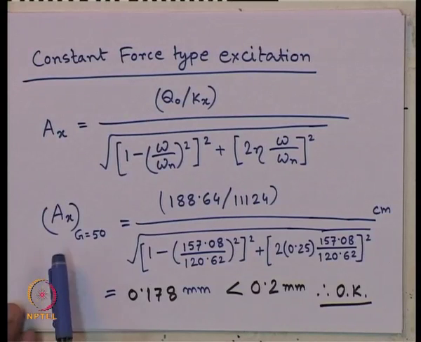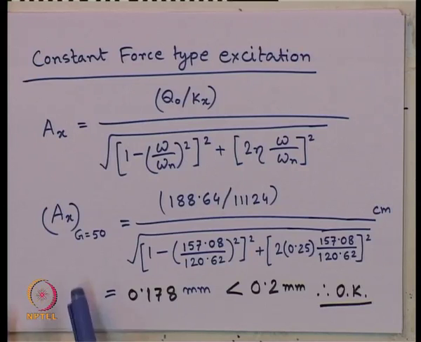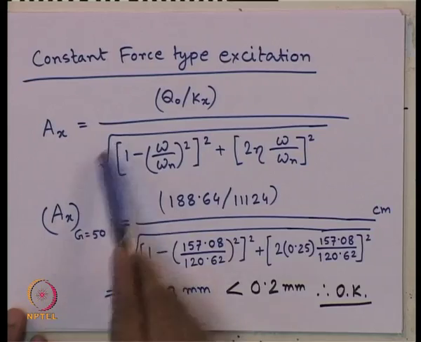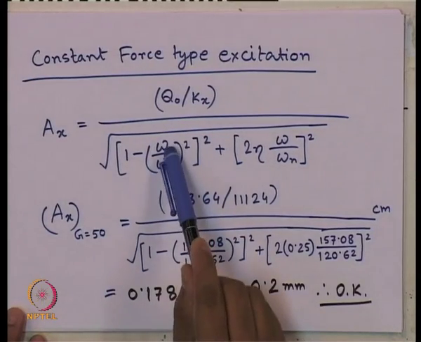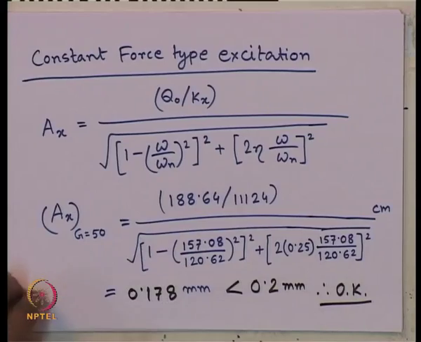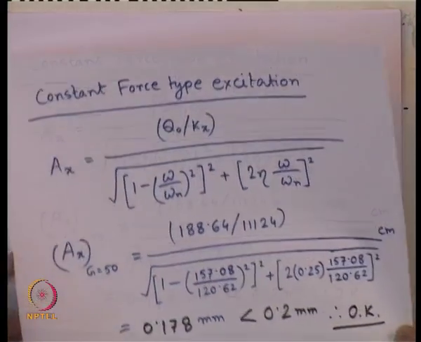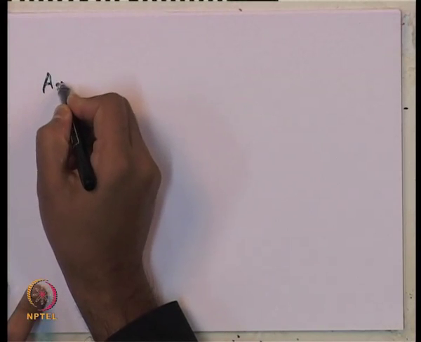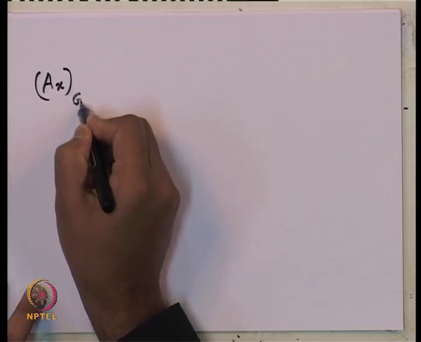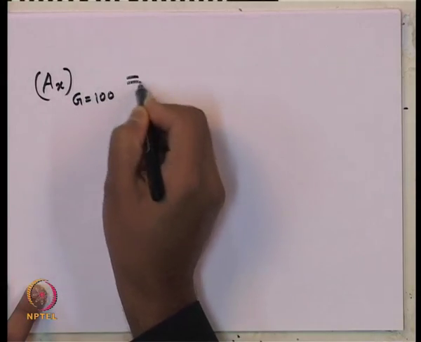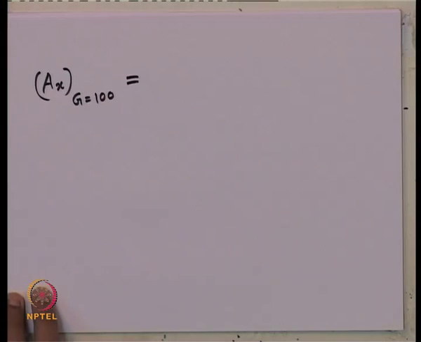Similarly, let us calculate the horizontal maximum amplitude of displacement for the other two types of soil, G equals to 100 TSF and 200 TSF, at operating frequency. These all are at operating frequency. That is why this omega by omega n is coming into the picture. So, A x for G equals to 100 is coming about so much.